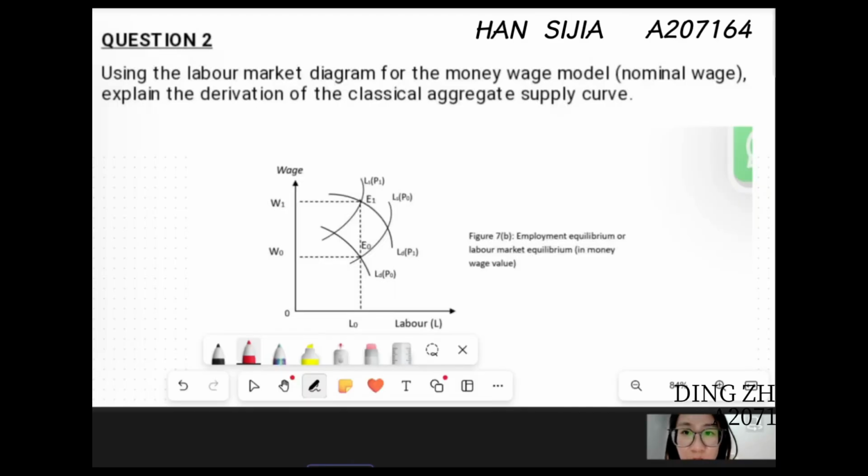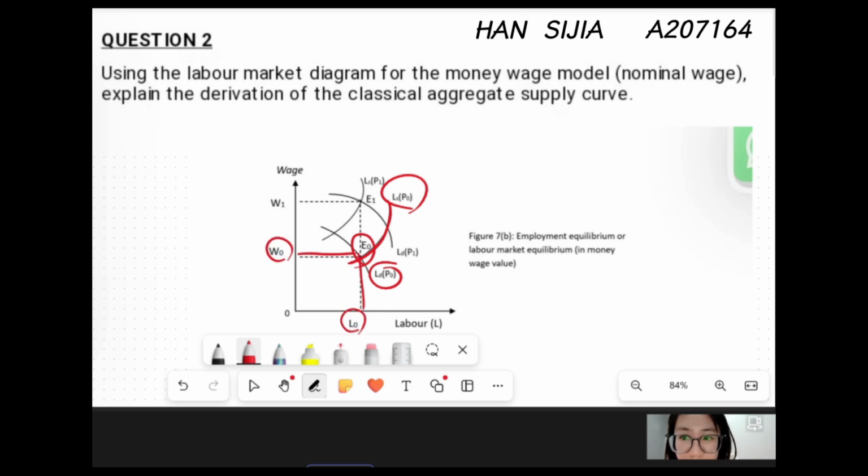This question uses the labor market diagram for the money wage model to explain the derivation of the classical aggregate supply curve. When the price level is P0, the labor demand curve LDP0 and the labor supply curve LSP0 are in equilibrium at point E0, with the money wage being W0 and employment L0.